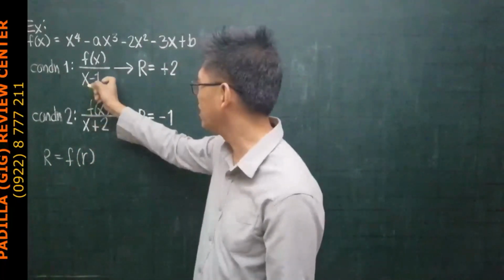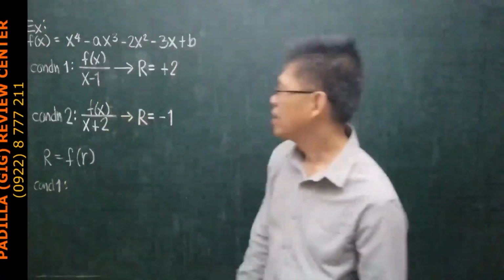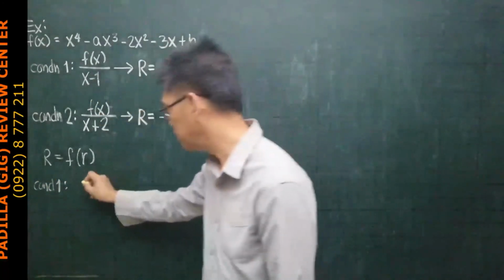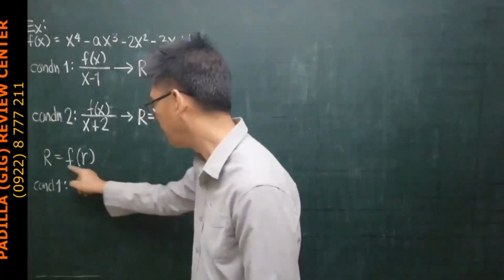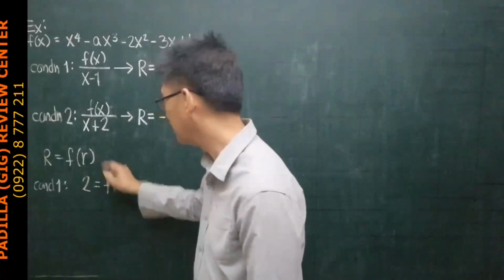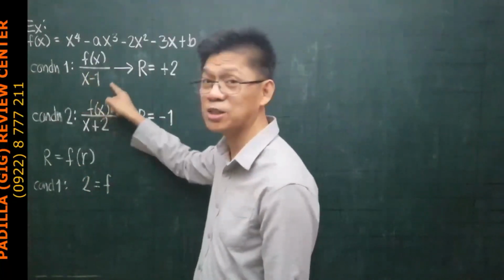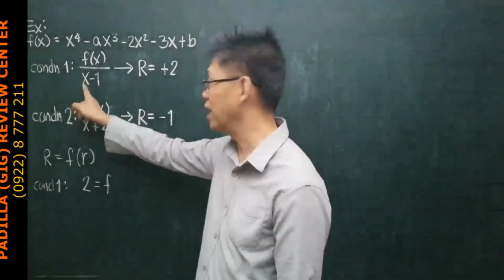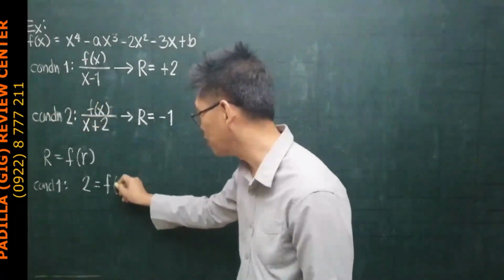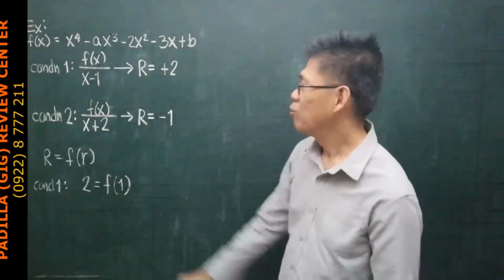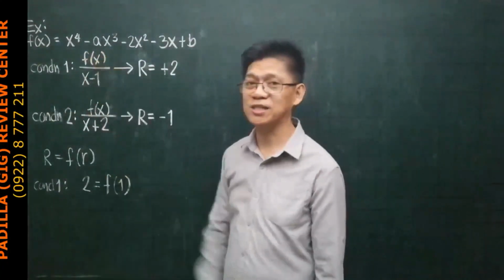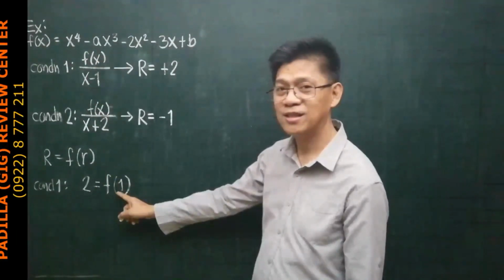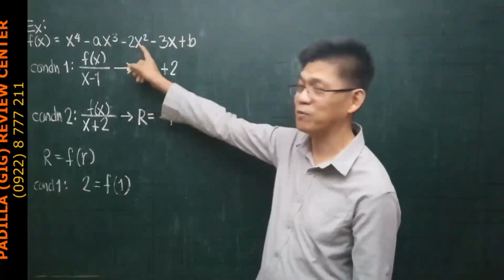In condition 1, the remainder is 2. Function of r, your r here is x minus 1 is 0, x is 1. So that is your small r. We just replace all x's by 1. That would be your function of x.